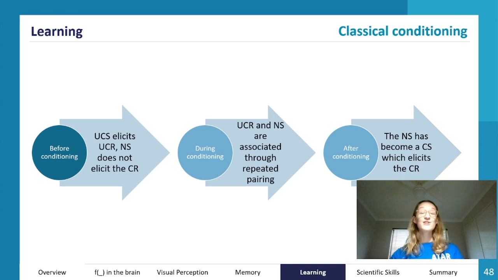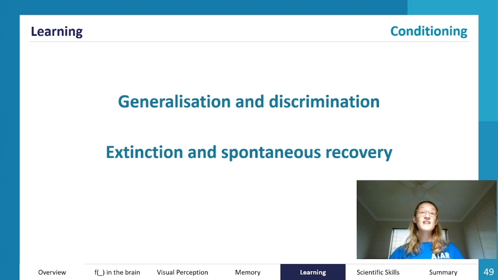So there are 2 experiments, just a brief overview of 2 experiments that you might hear in relation to the idea of classical conditioning. So these are the other terminology that I alluded to on our earlier slides. Generalization is when something similar to the conditioned stimulus produces the conditioned response.